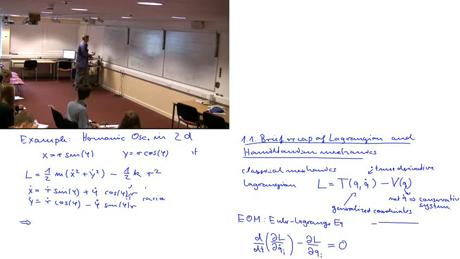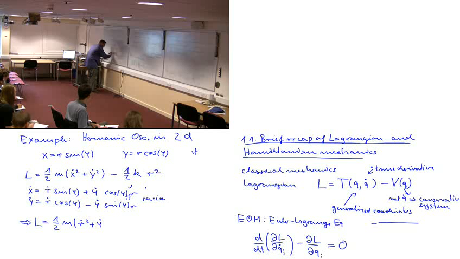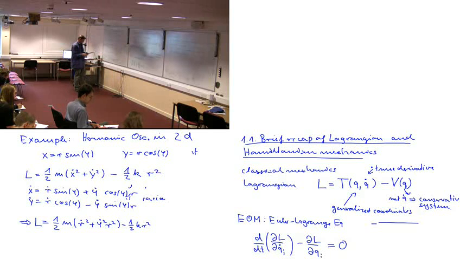Putting that in, we find that our Lagrangian is actually 1/2 times the mass times (r dot squared plus phi dot squared times r squared) minus 1/2 k r squared. And the sines and the cosines all have gone away. They have simply added up by sine squared plus cosine squared to 1.